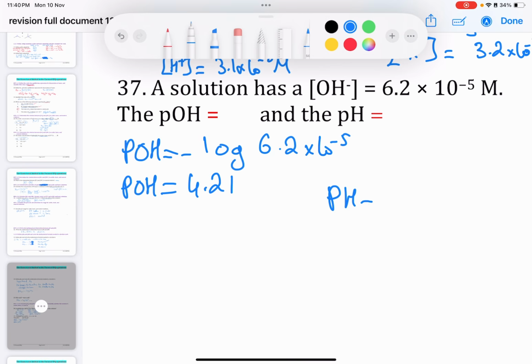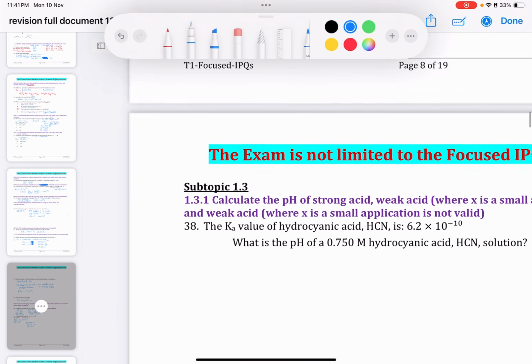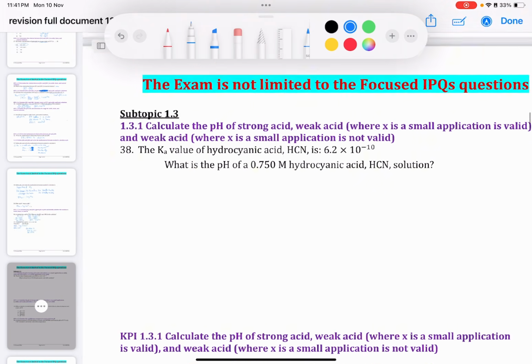Now using this formula, pH plus pOH equal 14, I can now calculate pH and say it is equal to 14 minus 4.21, and the pH is 9.79. pH and pOH has no unit. Moving on.